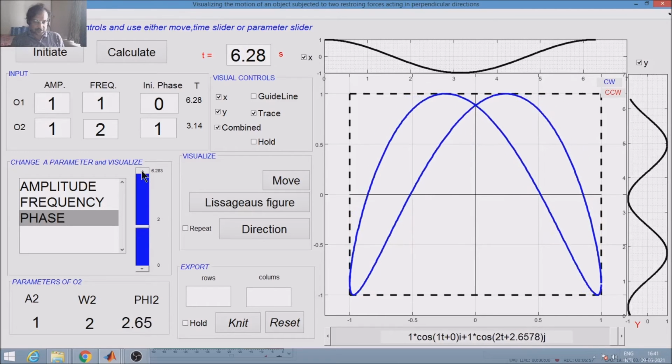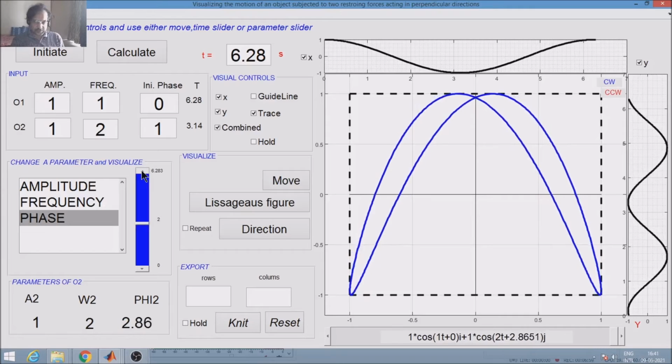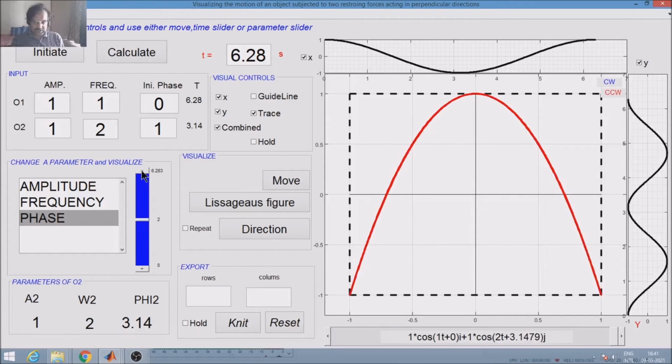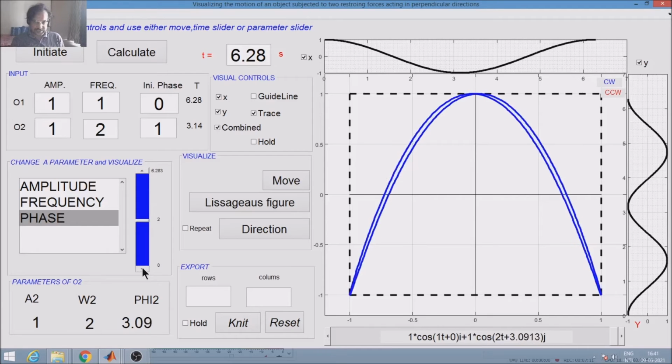The path appears to be going back to pi equal to 0, but just inverted, and at a phase difference of pi, there's an inversion of color. That means the sense of rotation has changed.